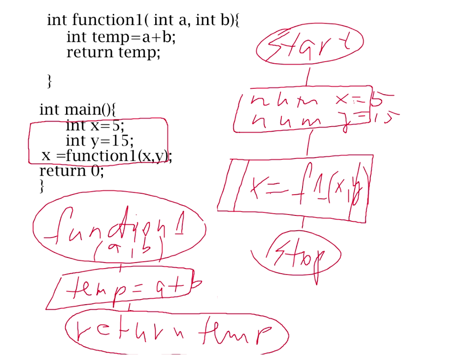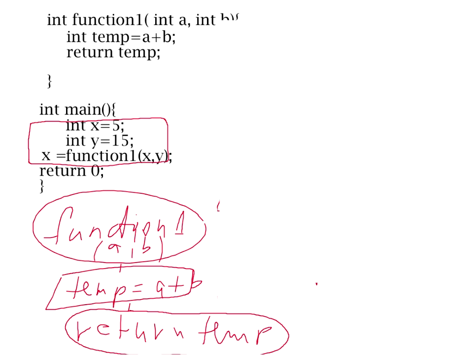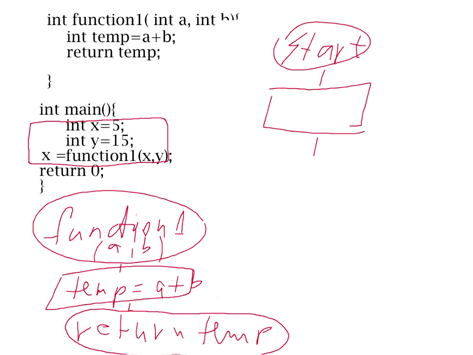The other way that I like to do, and I would recommend doing it that way, if I get rid of the main function, is we have the start of our program, and then we declare the variables.